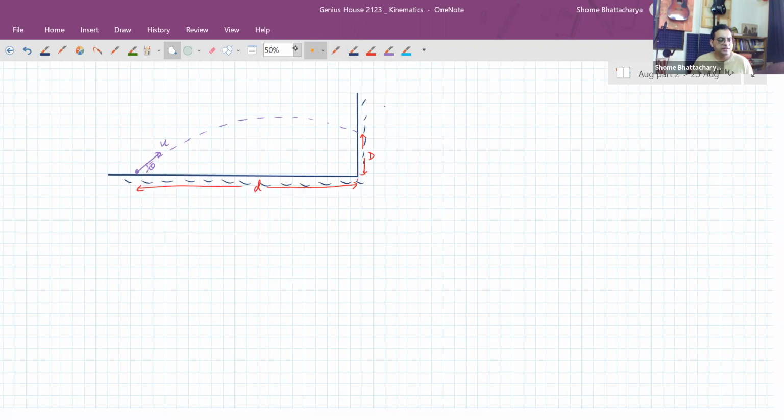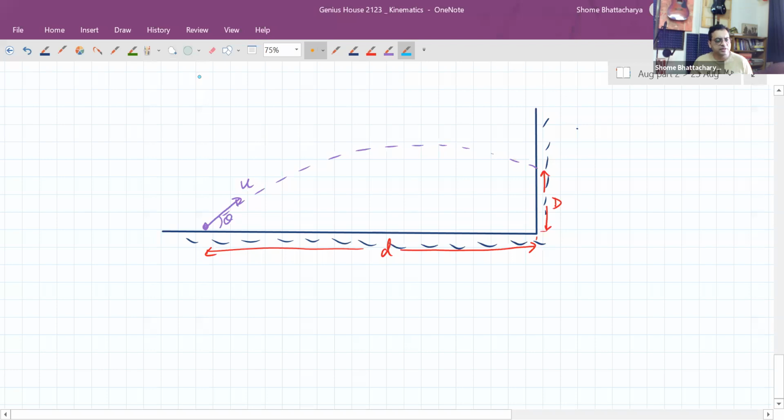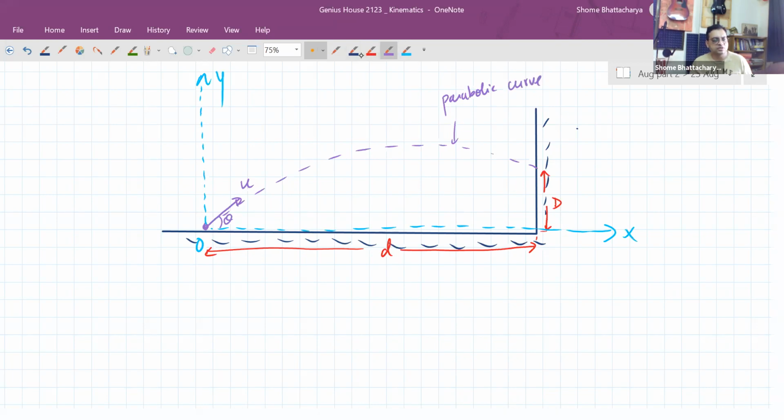We will use our standard method of selecting a reference frame, and that is that we will take this as our y-axis and this as our x-axis. The moment you do this, you see it becomes a problem of geometry. This is a parabolic curve whose equation we know, and in this particular scheme of things, the wall is actually a vertical line.